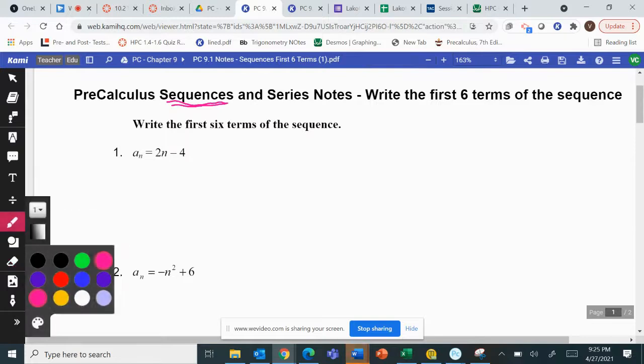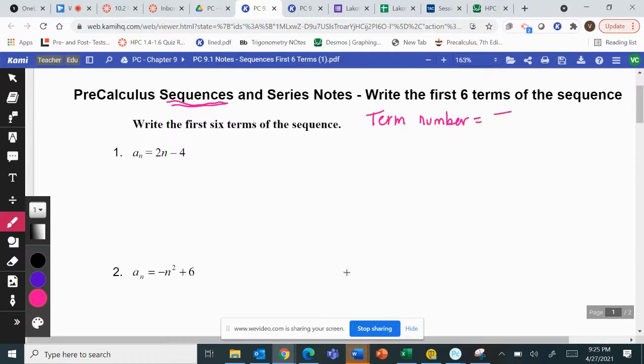When we talk about terms, we're talking about what is inputted into the equation. So the term number is the input, and that is represented by n.